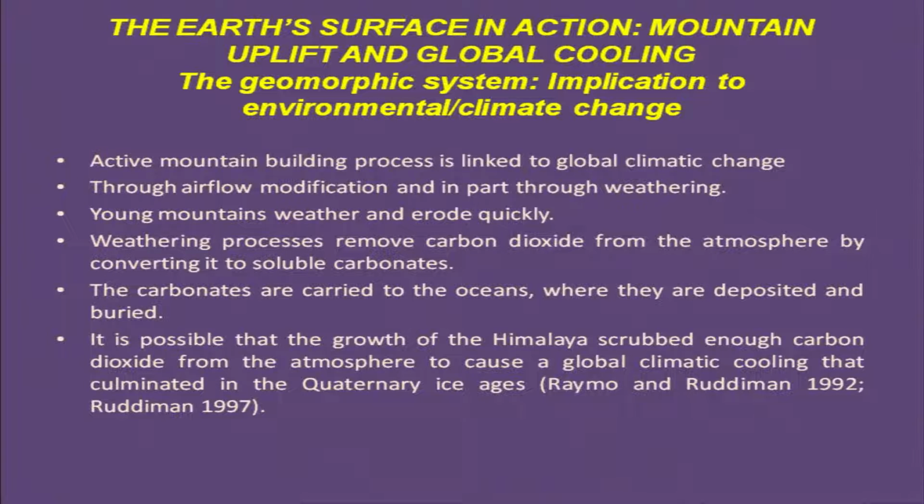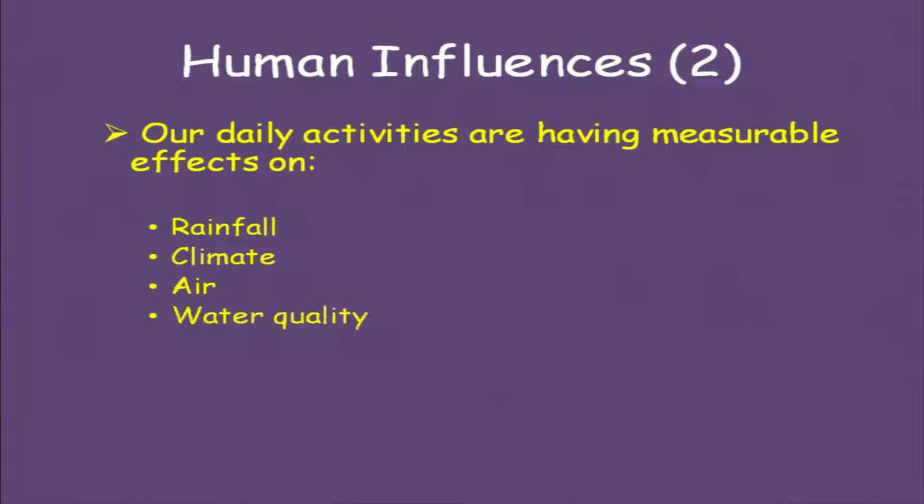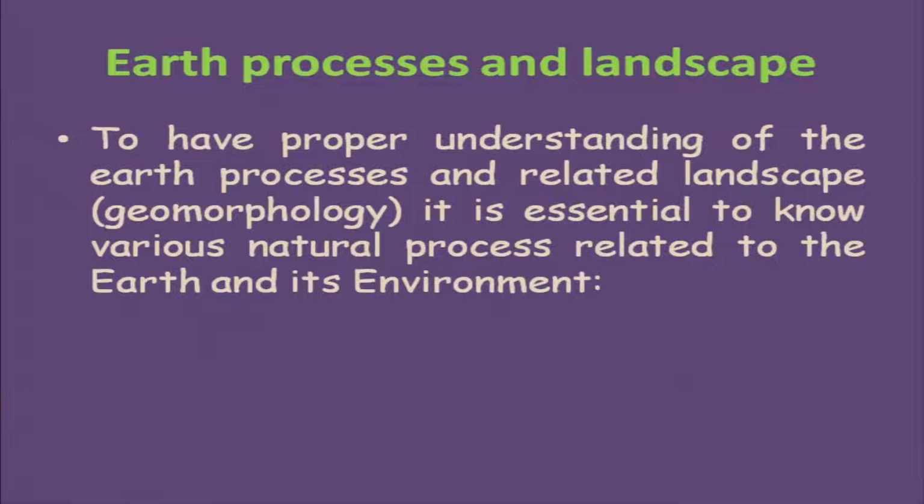It has not stopped; the growth of the mountains is continuing. Our daily activities are having measurable effects on rainfall, climate, air, water quality, erosion, earth processes and landscapes too.